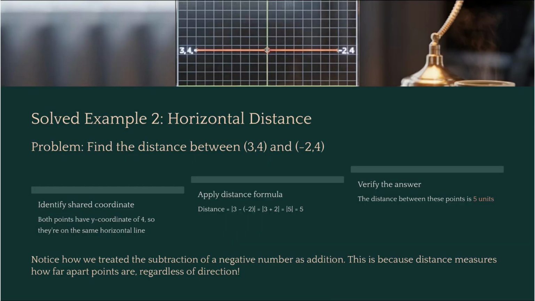In example 2, we find the horizontal distance between (3, 4) and (-2, 4). Since the y-coordinates are the same, we only look at the x-coordinates, 3 and -2. The distance is the absolute value of 3 minus -2, which is the absolute value of 3 plus 2, which equals 5 units.